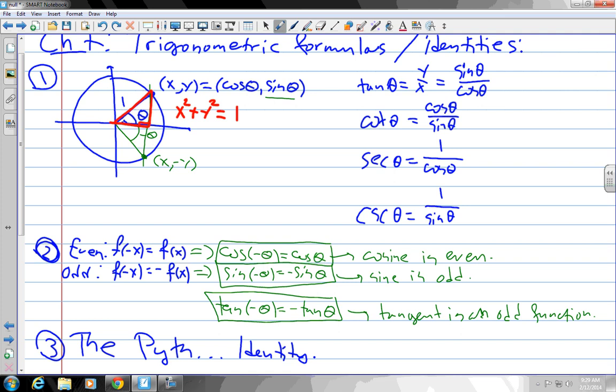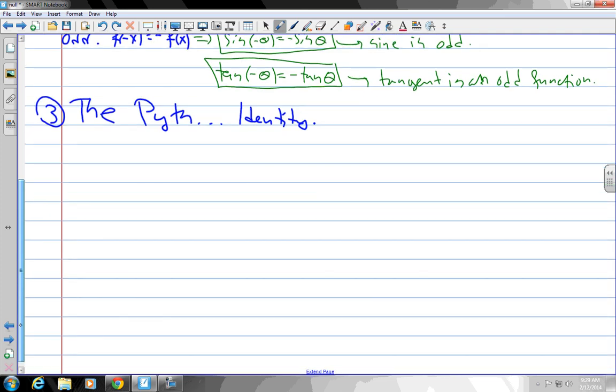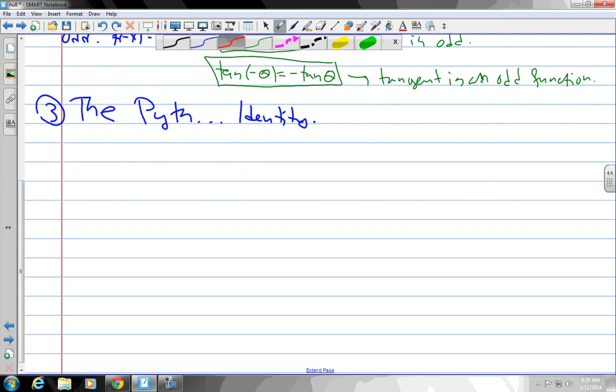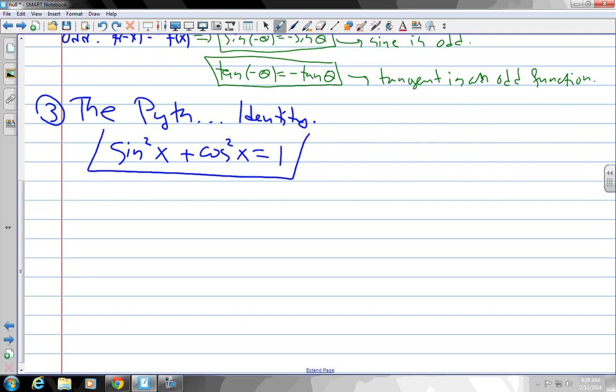But since x is cosine and y is sine, I can conclude that sine squared theta, whatever you want to call it, plus cosine squared x equals 1. This is why we call it the Pythagorean identity, because we use the Pythagorean theorem to come up with that. So this is the big one.